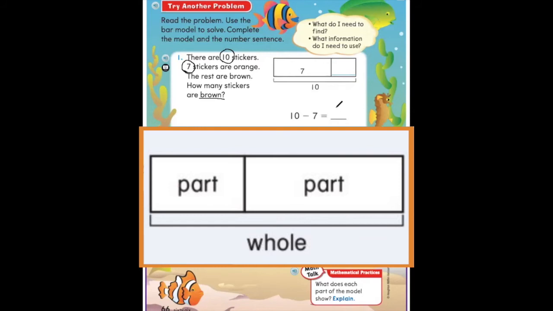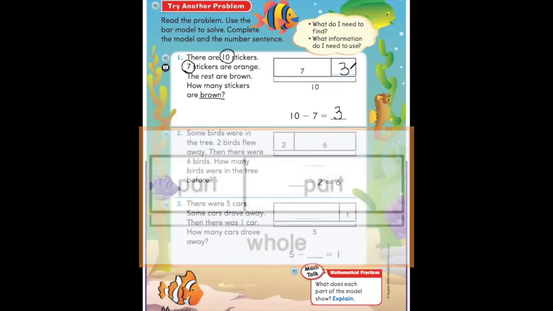Let's find the missing part. 10 minus 7 is 3. That means our missing part is 3. The number of stickers that are brown is 3.